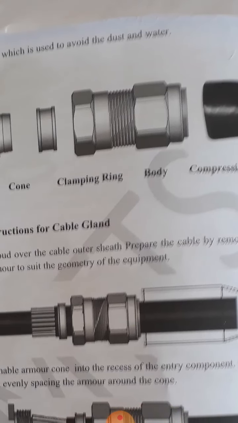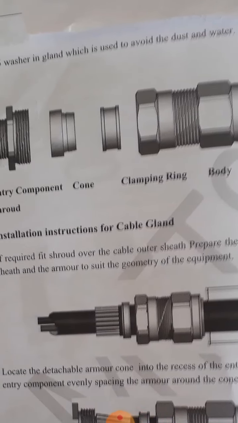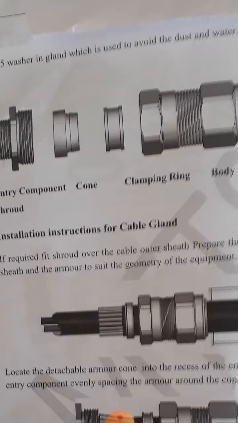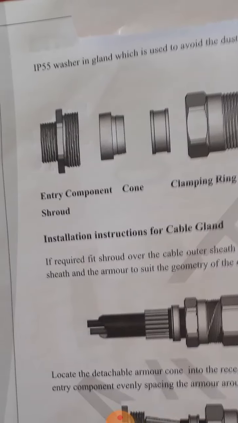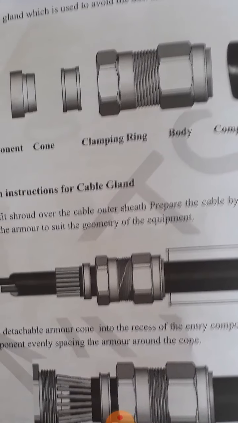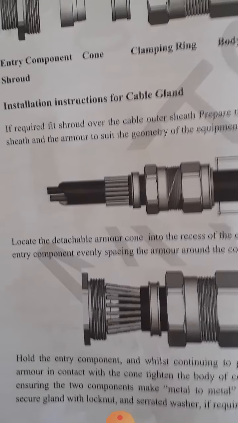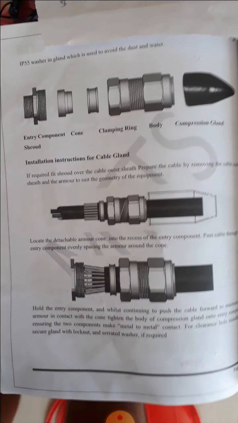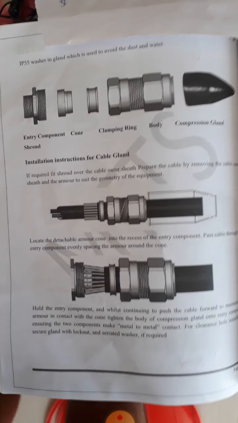Second, the compressor nut or main body. Third, you put the armor cone, armor ring, and after that the armor cone and cable entry body. So you see you put it inside like that. You cut the armor and put it inside like that. Okay, this is your diagram of how to put the gland parts onto the cable.